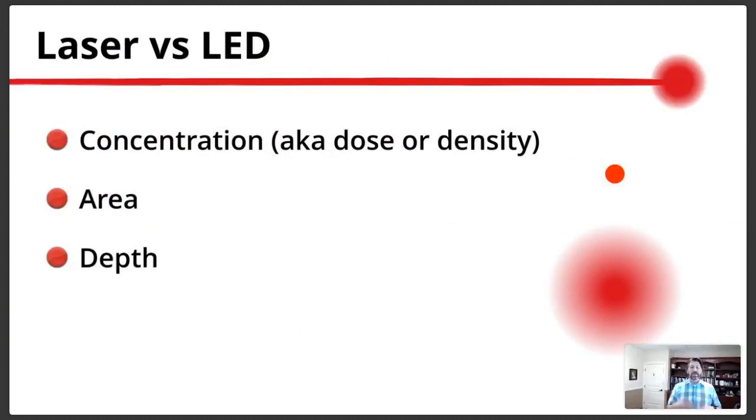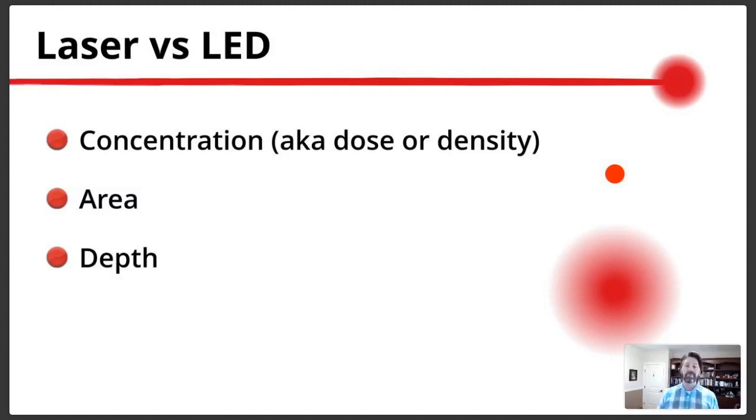All right. When we talk about laser versus LED, then, we come up against the question of concentration. Because laser light takes all of the light and concentrates it in a very small area, you get a very high dose in a very small spot. And the area that you cover versus the power that's spread over that area determines how deep you're going to get penetration.